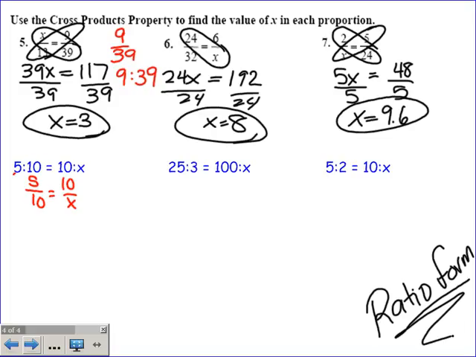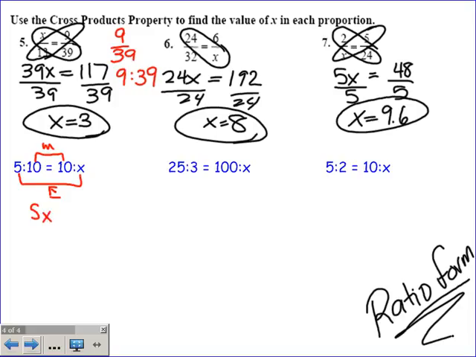So you can either think about it this way in your head, or you can physically write it down, that's fine. Or you can actually just work it out in the same way. In this case, your means are the things in the middle, and your extremes are the ones on the outside, which actually makes a little bit more sense with the definitions that I gave you. If we multiply the extremes, what's 5 times x? 5x.